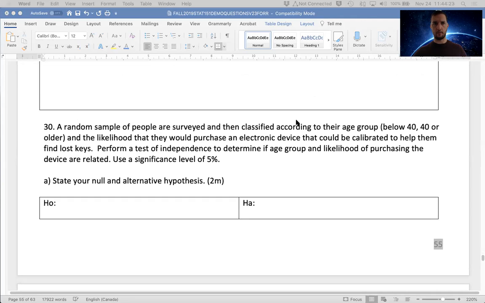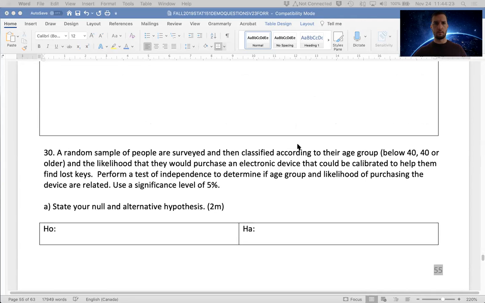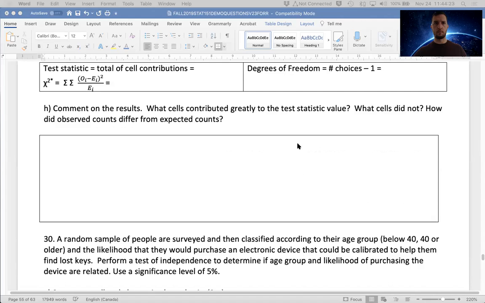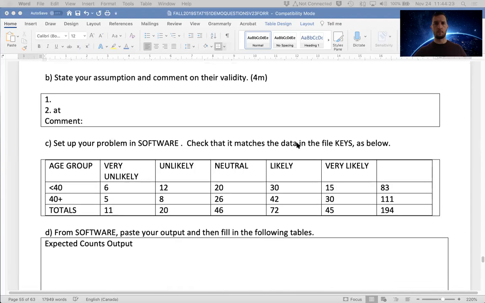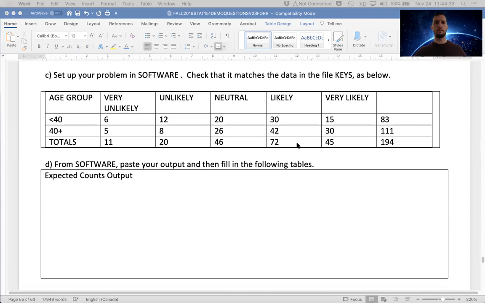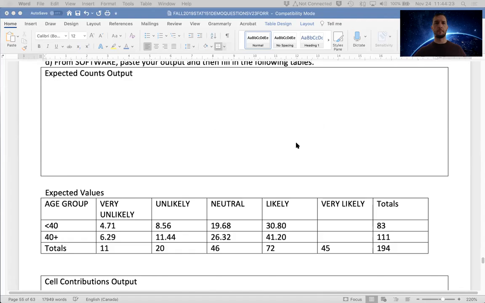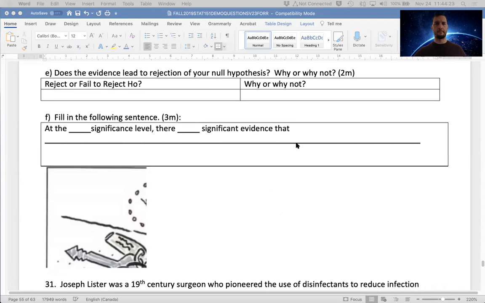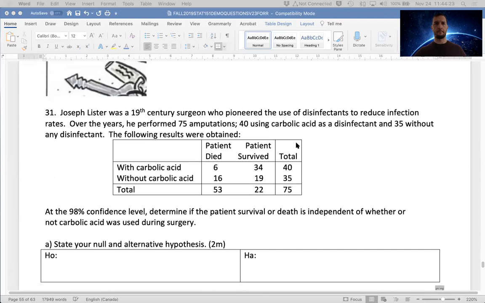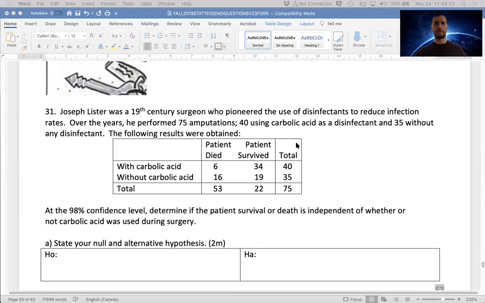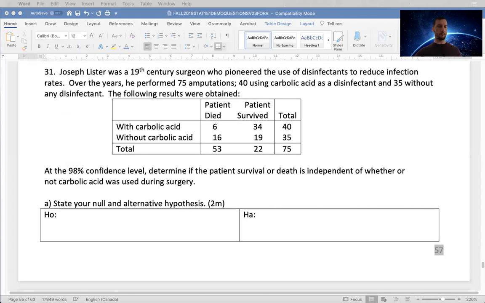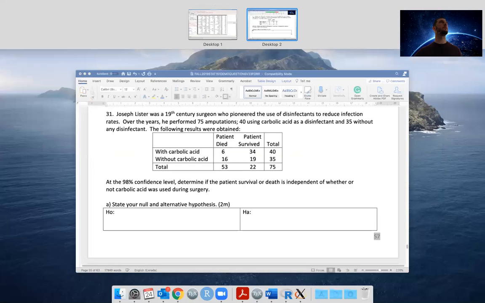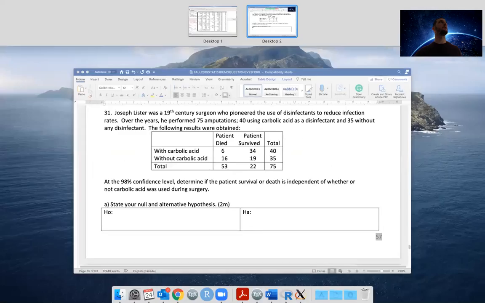Actually, sorry, one sec. Okay, let's do 31. Let me just check to see which one aligns best with the assignment so that we can focus our attention on that.